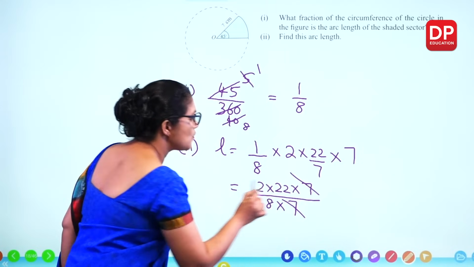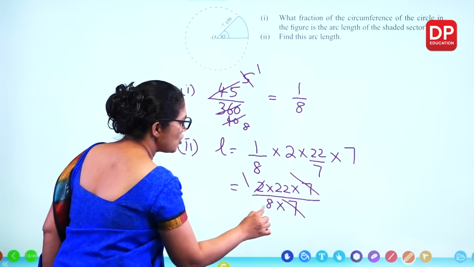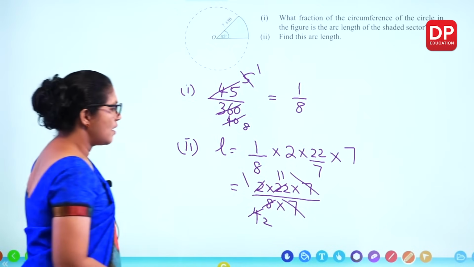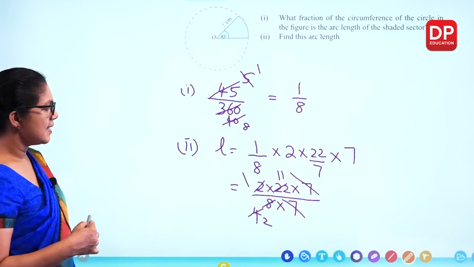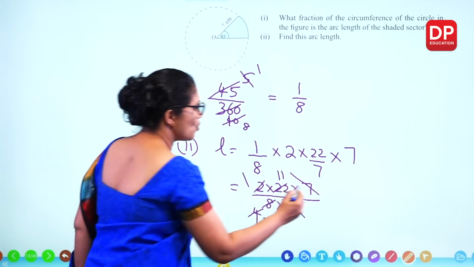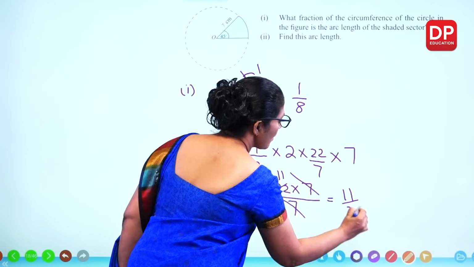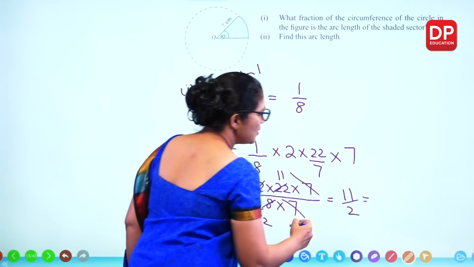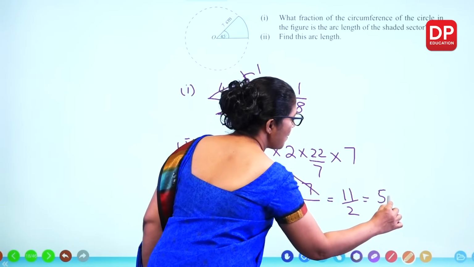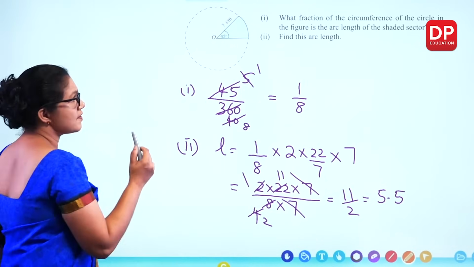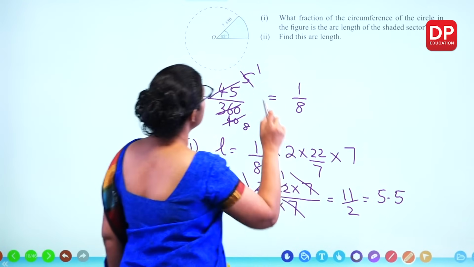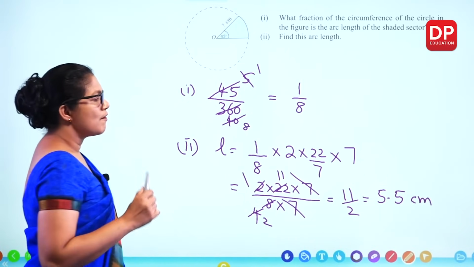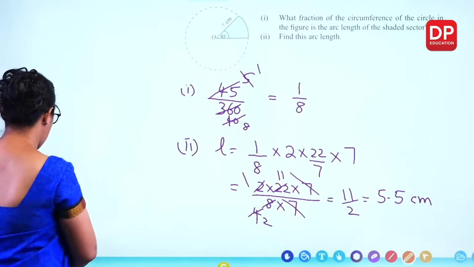I can simplify 7 with 7, 2 with 4, and again 2 with 2, and 2 with 11. So what's the answer? 11 divided by 2. If you want this in decimals, the value is 5.5. What's the unit? The unit is centimeter. So the arc length of this sector is 5.5 centimeters.